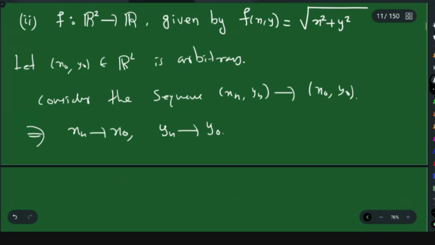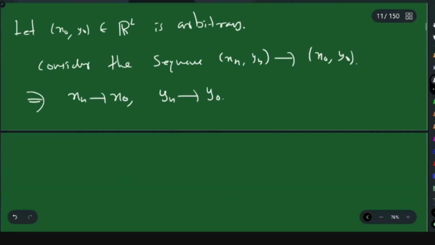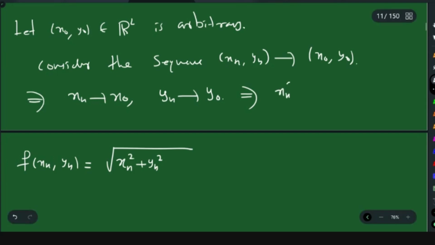Each component will converge to the corresponding one. So f(xn, yn) is equal to root of xn² + yn². Since xn converges to x0, xn² will converge to x0² and yn² should converge to y0².